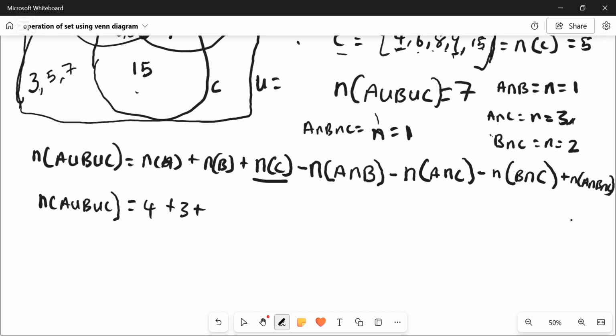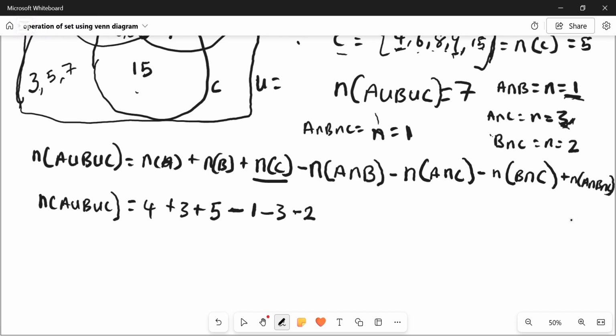Number of elements in the set C, we got it as 5 when we calculated and checked for it. So this is number of elements when A intersects B. So look at it here, we got it as 1. So this is subtract 1. So number of elements when A intersects C, we got it here as 3. So number of elements when B intersects C, we got it as 2.